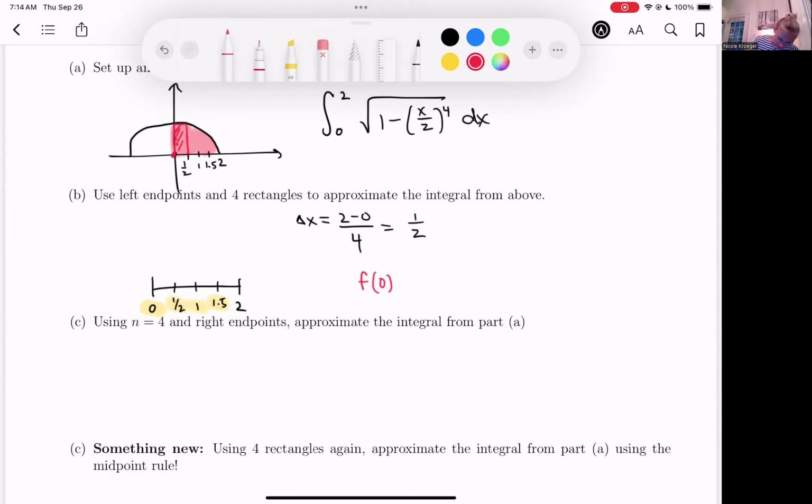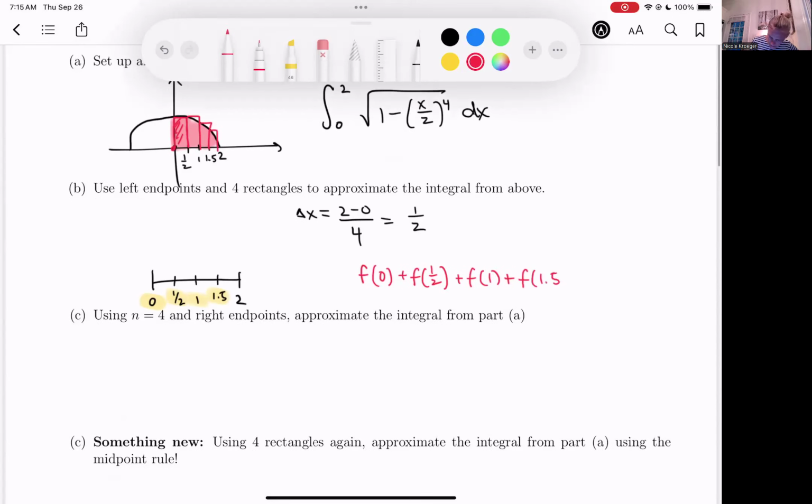And then my next rectangle, I'll go up to 1/2 over and down. So it has height f of 1/2. Notice I'm just putting the height of the rectangle right now. We'll deal with the width in a second. My next one is f of 1, and my last one is f of 1.5.